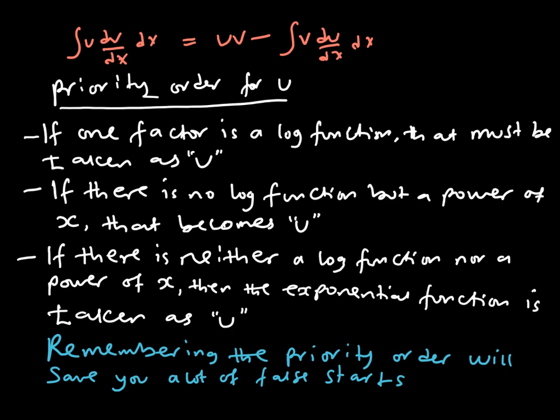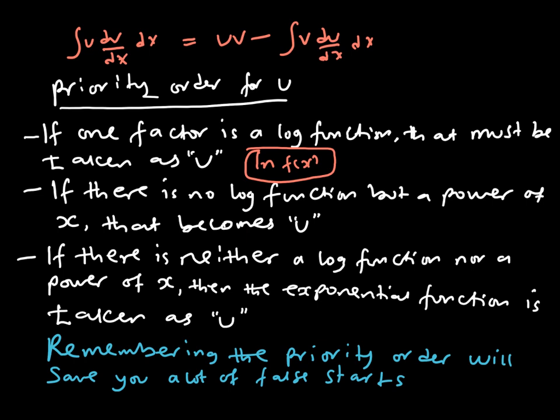If one factor is a log function, that must be taken as u. What do we mean by a log function? A log function is, in this case, natural logarithm of a function of x. So if one of the factors is natural logarithm, then automatically that becomes your u. If there is no log function, but a power of x, that becomes u.